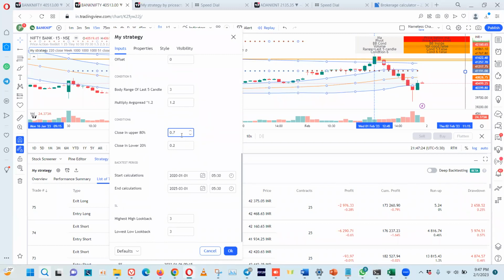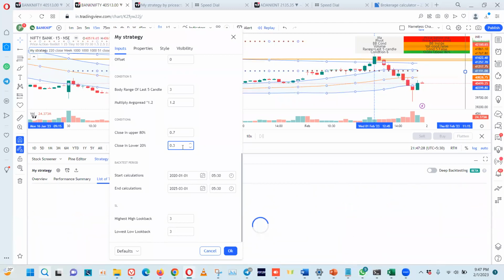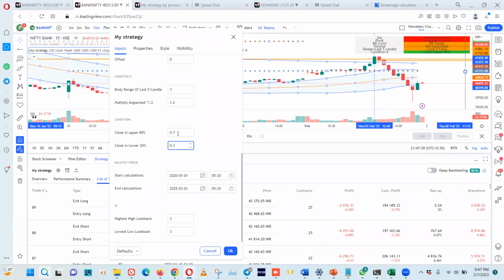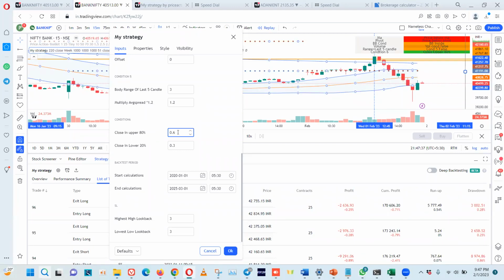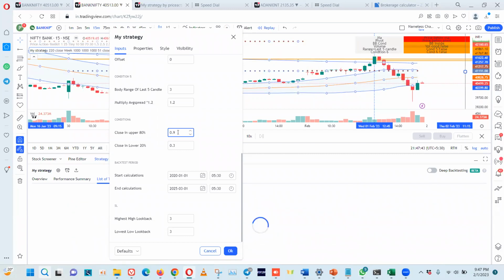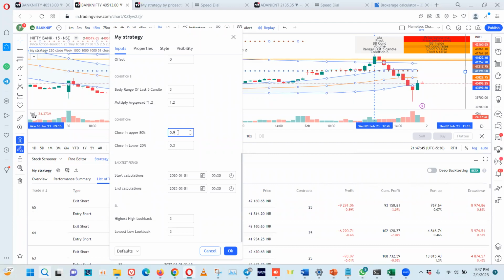Then here 0.7, profit decreased. 0.3, profit increased. If I make it 0.6, profit decreased. 0.8, it is fine. 0.9, it decreased drastically.